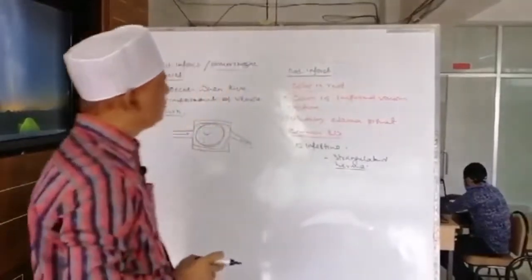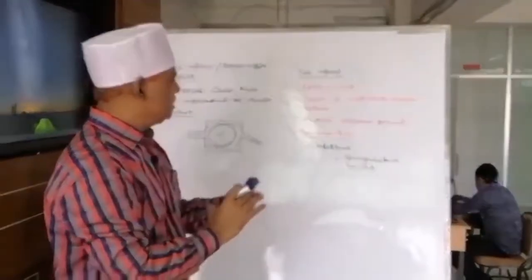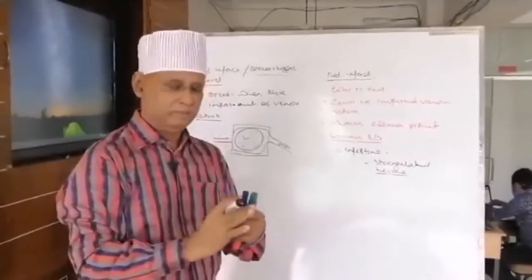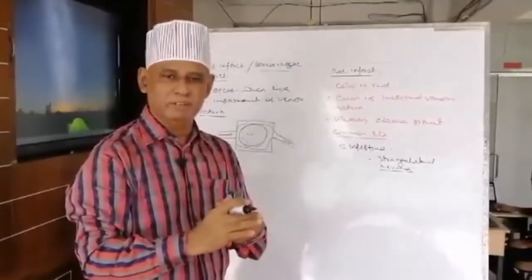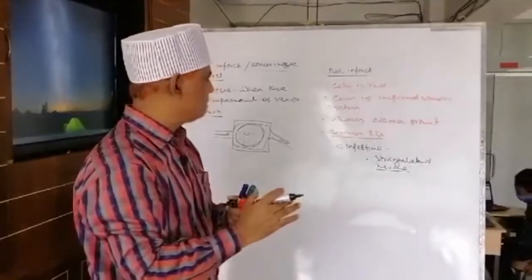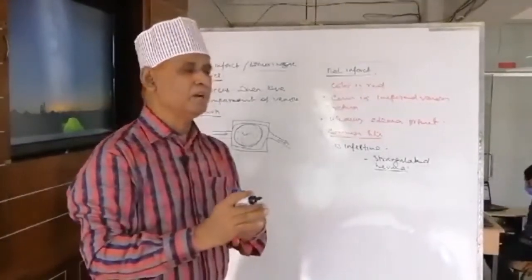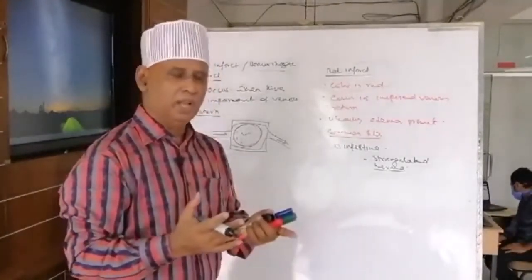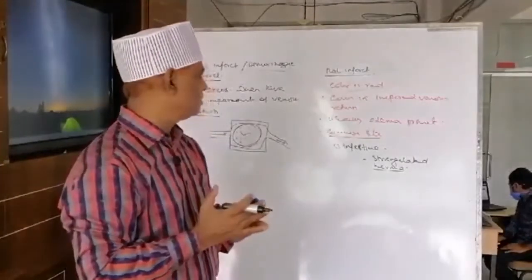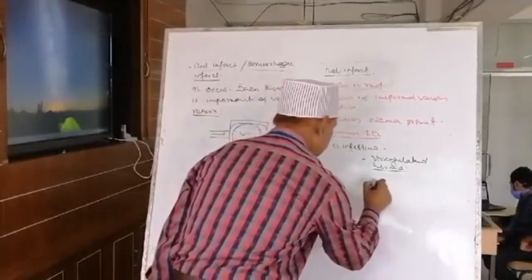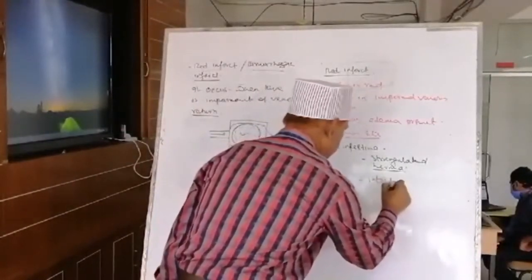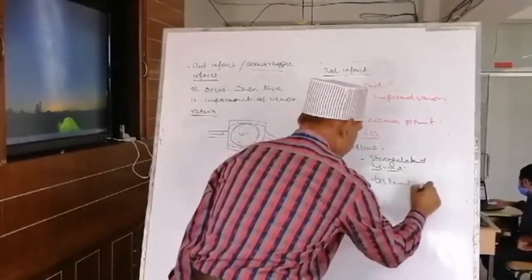If the hernia is strangulated, what will happen? There will be venous drainage impairment. Due to venous drainage impairment, the intestinal part undergoes ischemic necrosis, and this necrosed part becomes red or hemorrhagic.